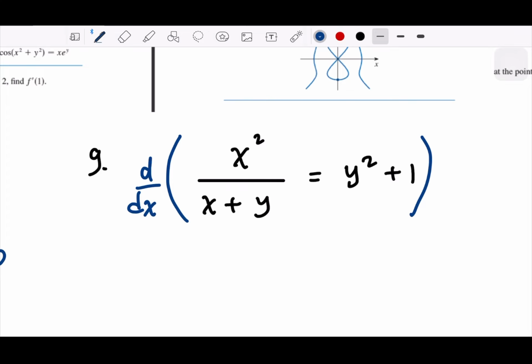So first, if we look at the left side, we have a fraction, or a rational expression: x squared over x plus y. The first thing that comes to mind is using the quotient rule, right? So you can imagine this as f over g.